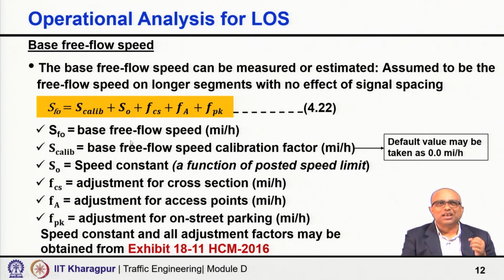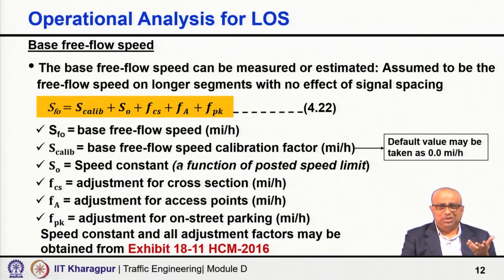So, when we are estimating SFO, S0 is our basic quantity, and it is given in Highway Capacity Manual exhibit 18-11. Once you know the posted speed limit, you can get the speed constant. An equation is also available.